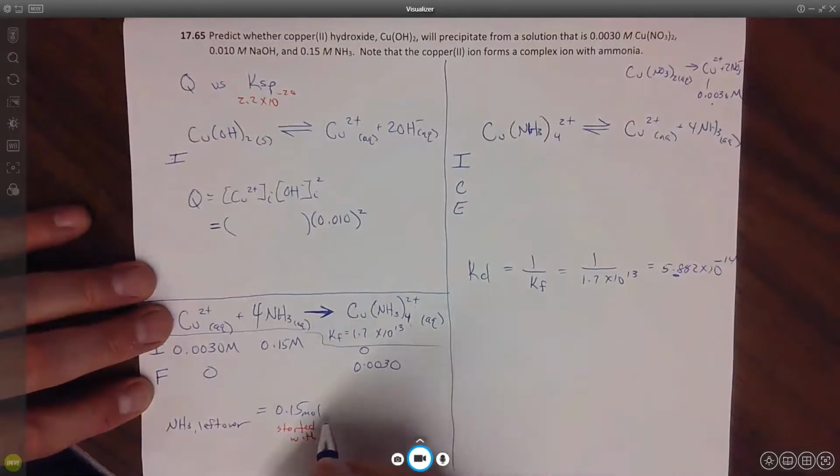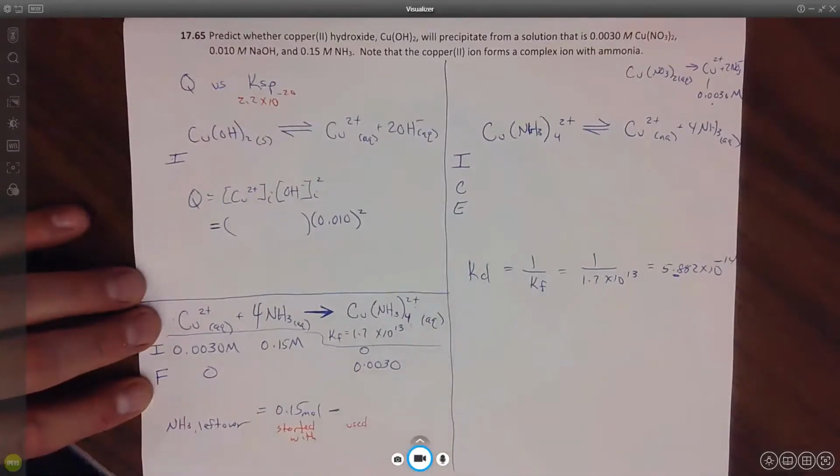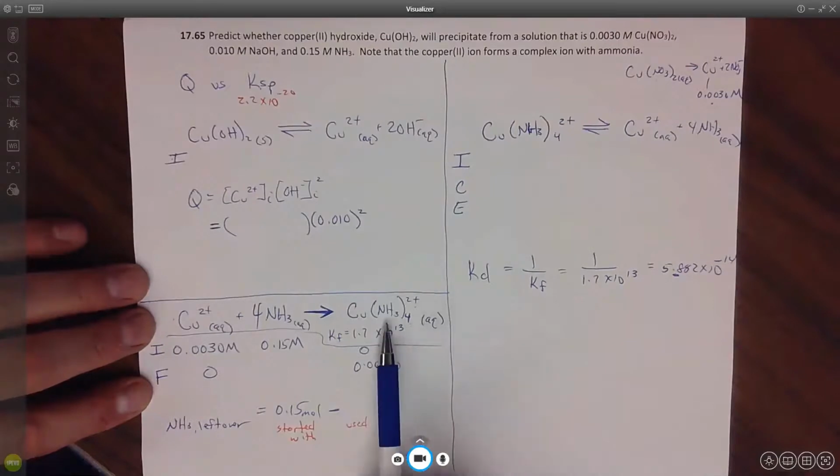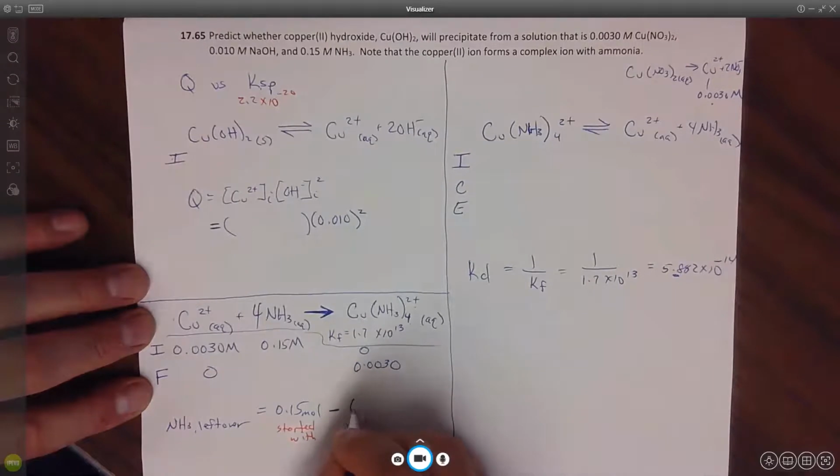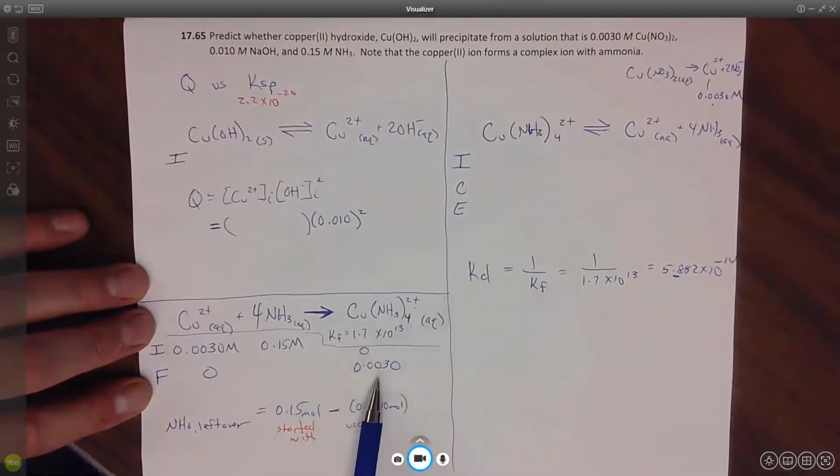Now the question is how much did we use up, right? How many of these did I make? I made 0.0030 moles of them. But how many ammonia did I use to make each one of them?